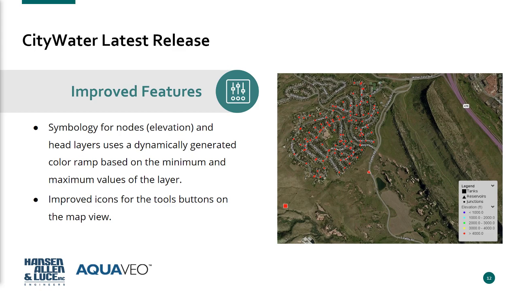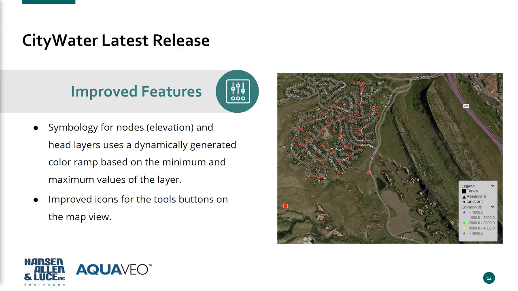So in terms of the feature improvements, one thing that was kind of deficient is that the head layer and node layers were symbolized originally using a hard-coded color ramp from 1,000 feet to 4,000 feet, regardless of the range of the actual values in the head layer, or for nodes, the elevation layer.